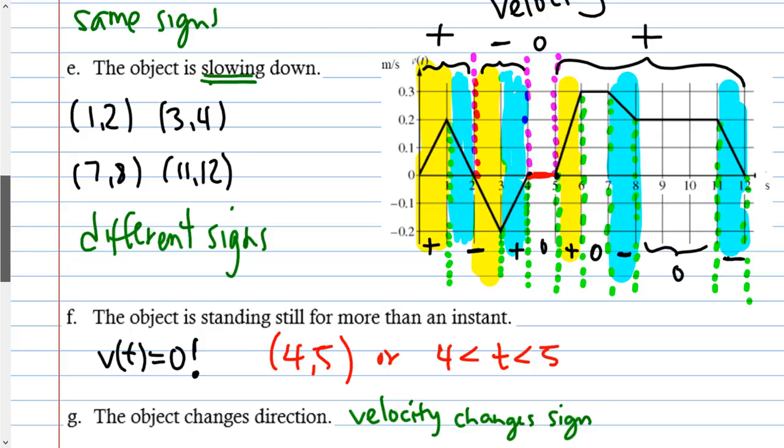So if we pay attention to that, that occurs here at t equals 2, and somewhere in here. It was below on the left and then above on the right. So this is not a perfect graph, but we're going to include that too.